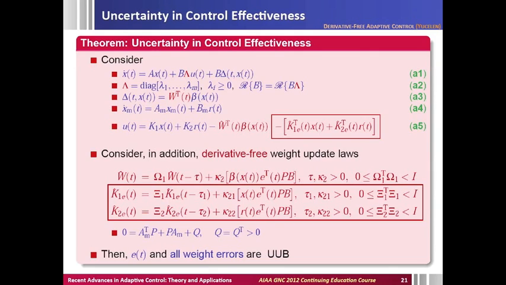So it is common practice to say that we need to handle this kind of uncertainty. It's a derivative-free weight update law, assuming that this is invertible, and a slightly relaxed version, if you have these, which allows some of the control effectiveness components to be 0. Then this is the weight update law. So you have 3 possibilities.